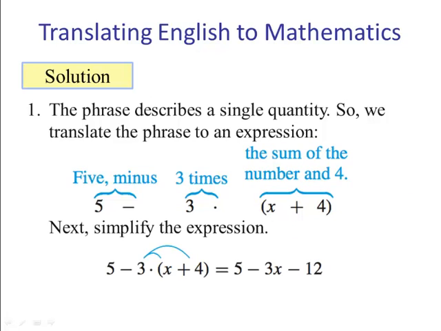Now we simplify the expression. So our first step is to take negative 3 and distribute, which gives us 5 minus 3x minus 12. Next we combine like terms. Minus 12 and 5 become negative 7, and we bring down our negative 3x.